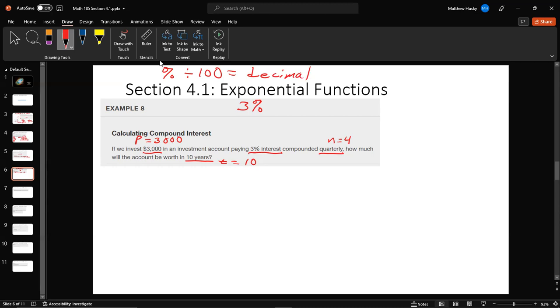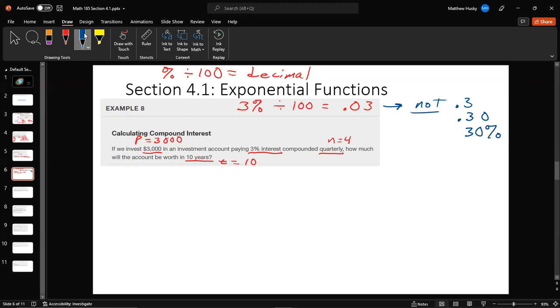And again, you can do this with a calculator, that's fine. I don't judge. 3 divided by 100 will give you 0.03. Fun fact, it is not 0.3 because 0.3 is actually the same as 0.30, which is 30%.